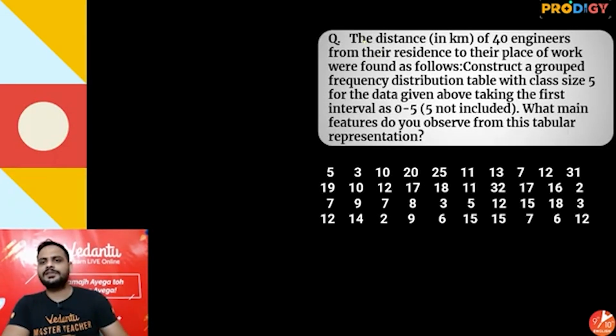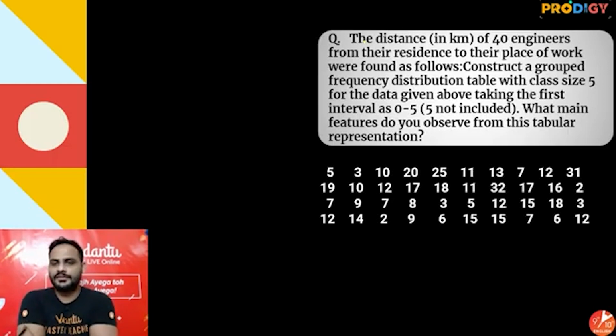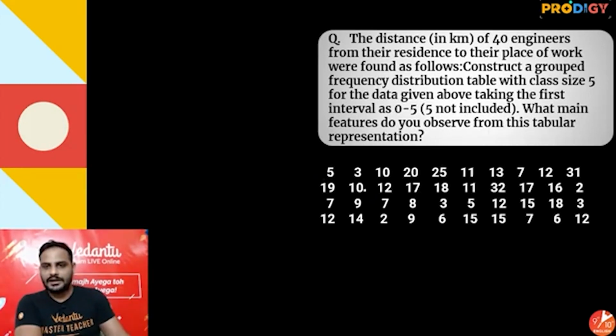Okay, now the distance in kilometers of 40 engineers from their residence to their place of work were found as follows. Construct a grouped frequency distribution table with class size 5 for the data given above, taking the first interval as 0 to 5, 5 not included. So 0 to 5 I have to start. अब देखो बेटा, here remember the highest data is 32.